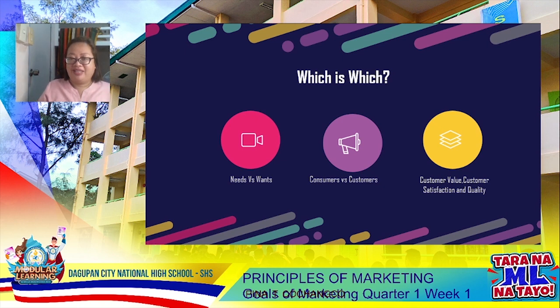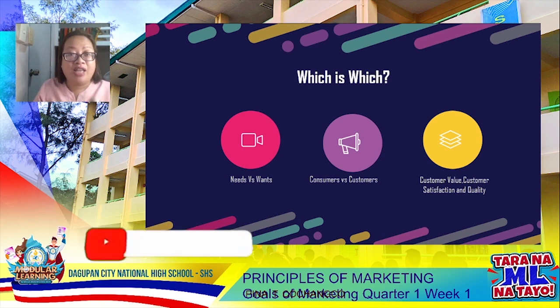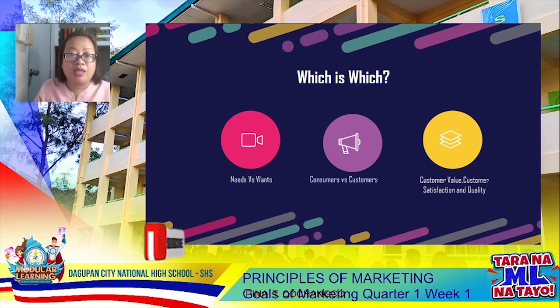Three more words in marketing. What is customer value? When I purchased this wristwatch, of course, there's the value of me buying, owning, and using the product. What's the difference between the value of buying the product and the real cost of this wristwatch?